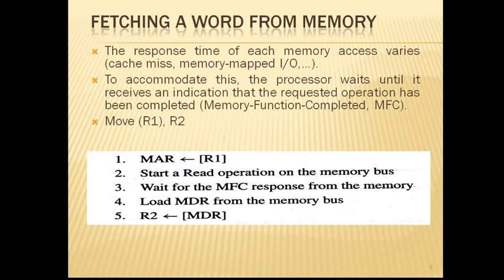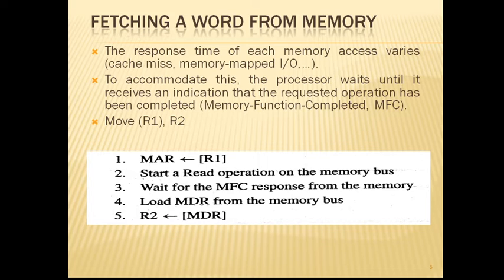To accommodate the variability in response time, the processor has to wait until it receives an indication from the device that the requested read operation has been completed. We shall assume that a control signal called memory function completed, that is MFC, is used for this purpose, to indicate that the memory read operation has completed.